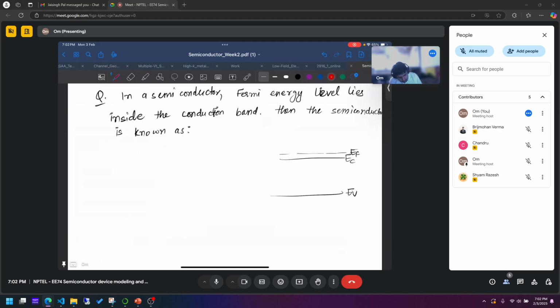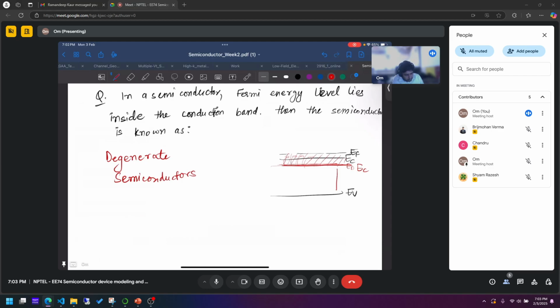These are known as degenerate semiconductors. So what happens in degenerate semiconductors is, like we had some donor level here, which was giving electrons. But what you do is you dope it so much that this actually becomes the edge of your EC, and all these states are completely filled by electrons.